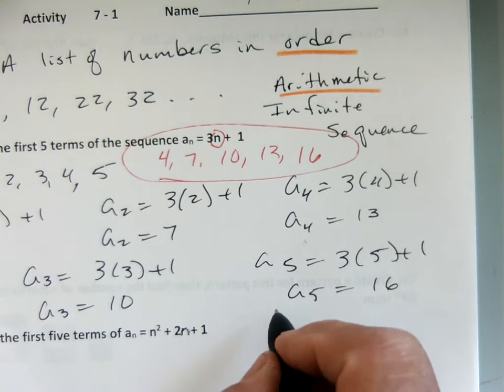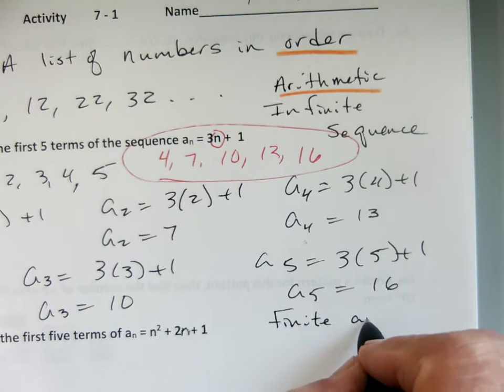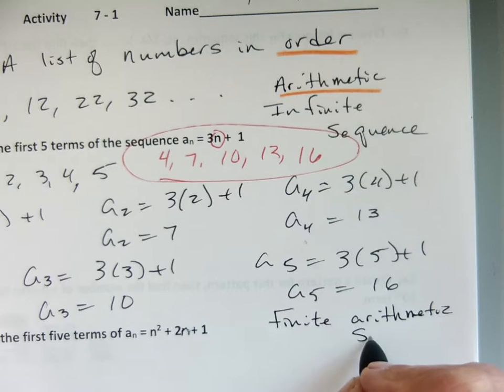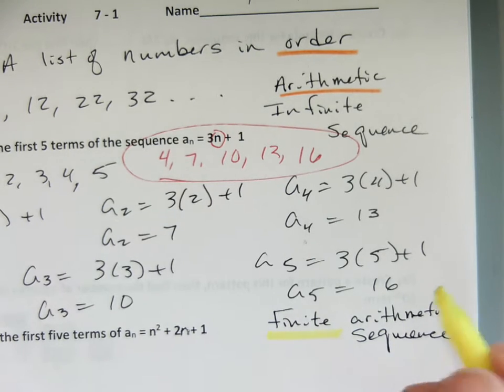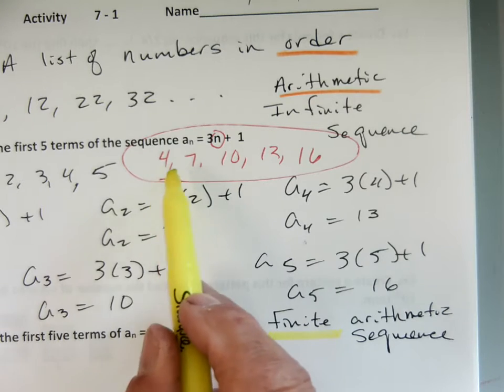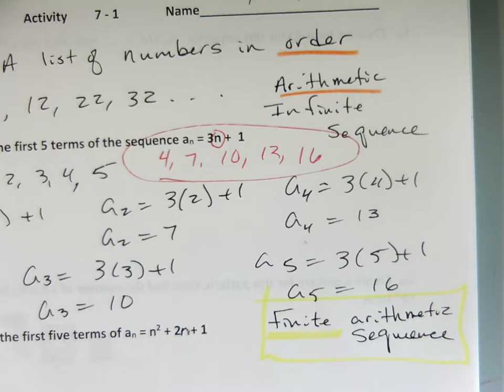This is a finite arithmetic sequence. Finite because it doesn't go on forever, right? Finite because there's only 5 terms. Arithmetic because it looks to me as if we're adding 3 each time. So add 3, add 3, add 3, okay? Finite arithmetic sequence. Okay, thumbs up.